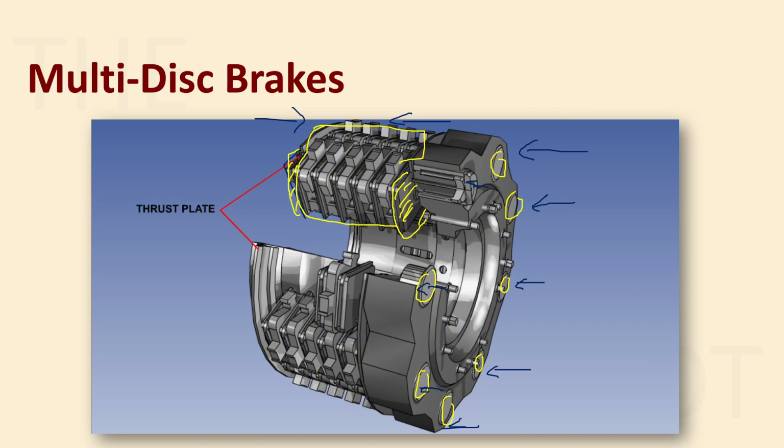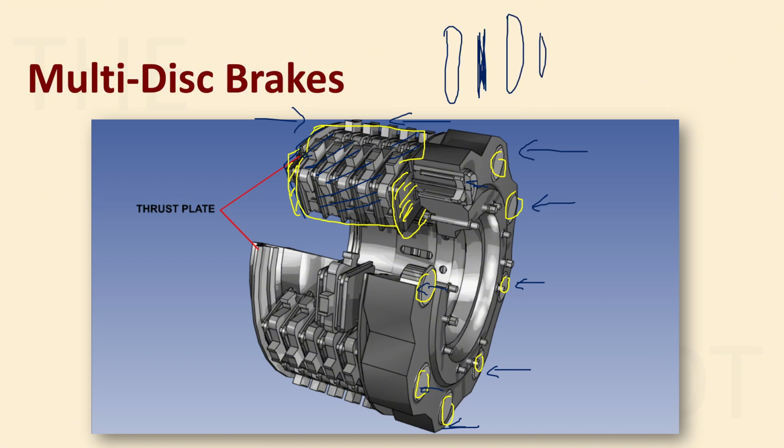The pressure plate is now being pushed, and the thrust plate is here, so this whole unit is getting compressed, right? And this whole unit contains your rotors and your stators. Stators are your brake pads, the friction material.